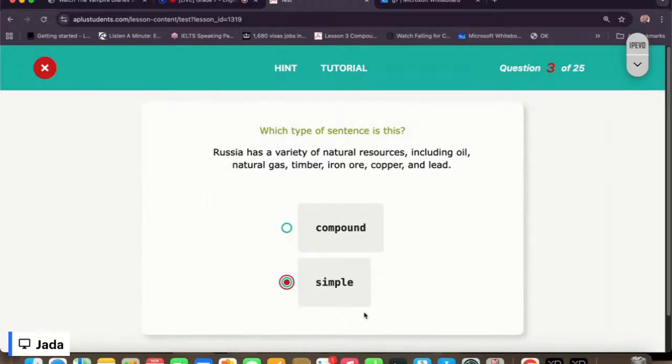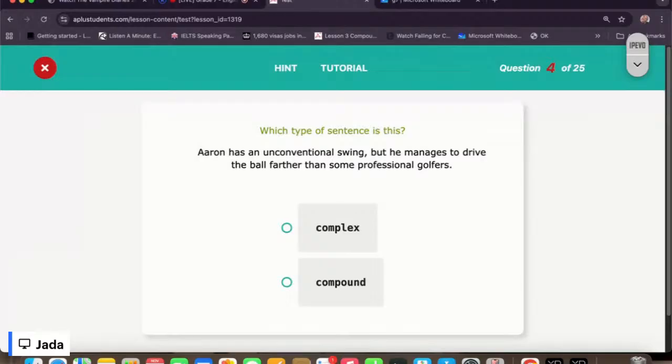So we have simple. Then: Aaron has an unconventional swing, but he manages to drive the ball higher than some professional golfers. Is it first or second?